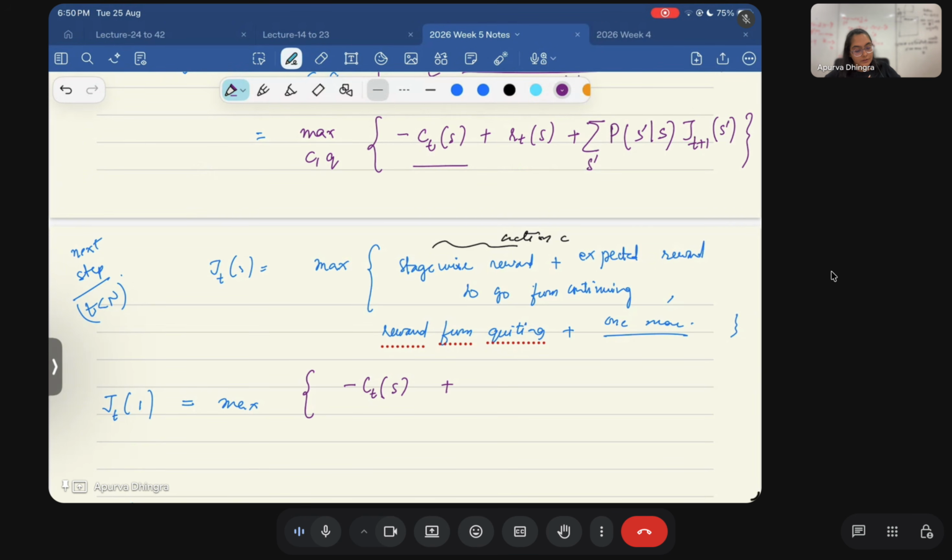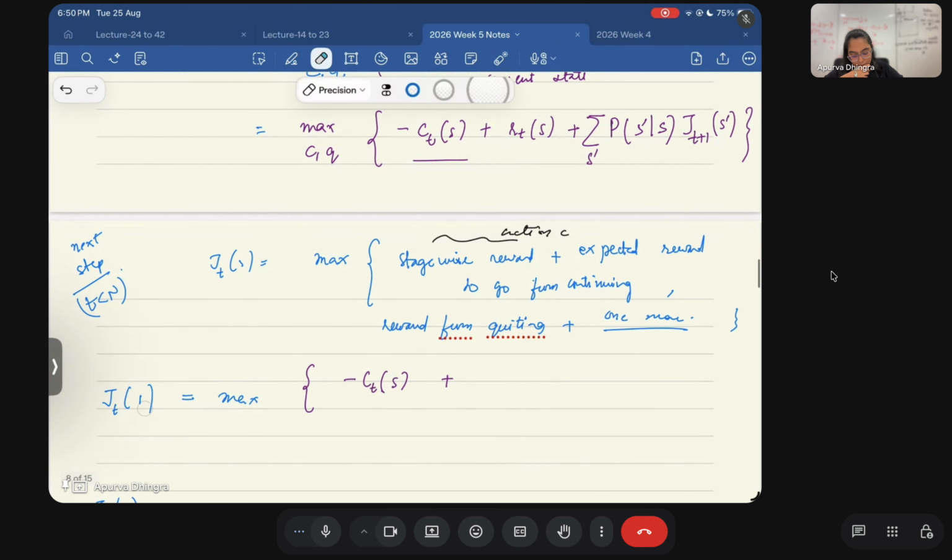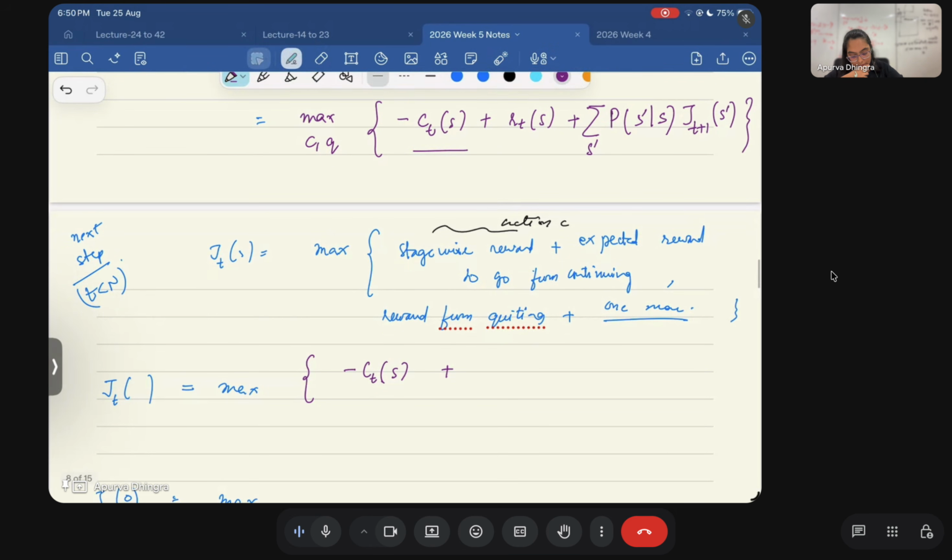If you've decided to continue, there are two possibilities for this. Let's not take it to be specific yet. Let it be still for s only. So you will do p s dash of s.